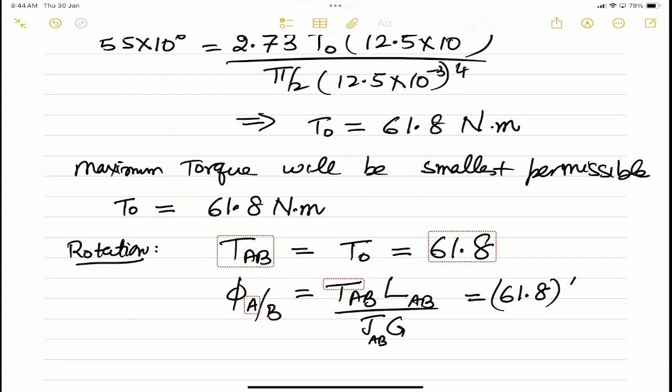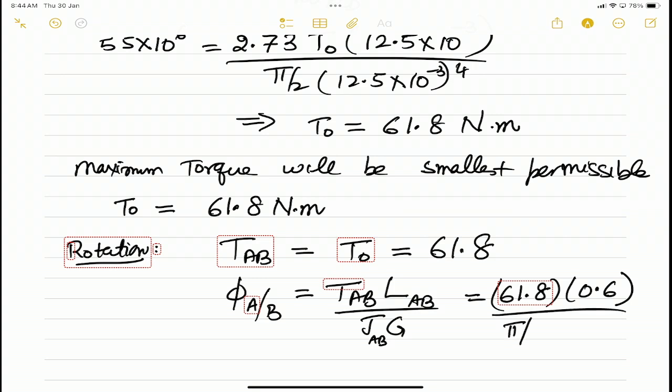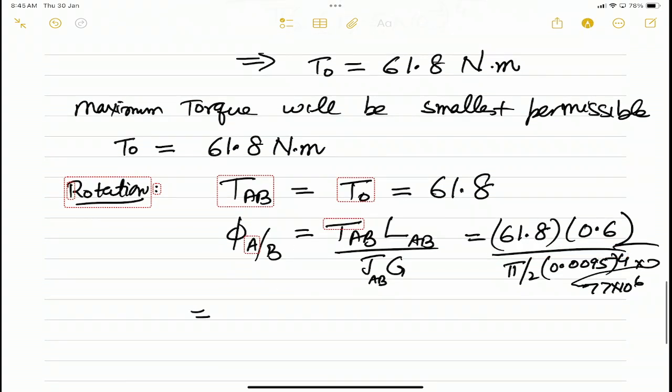So it's just the same. LAB is 0.6 meters divided by pi by 2 into 0.0095 to the power of 4 and then multiplied by 77 into 10 to the power of 6. So if you put in all these, you get the answer as 0.0376 radians.